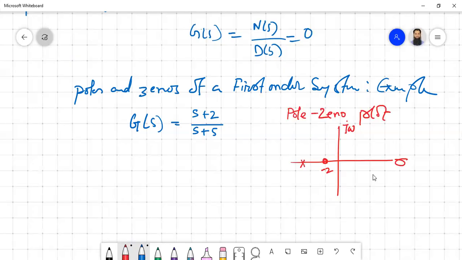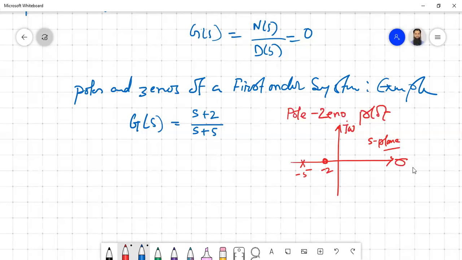A pole is represented by a cross. So this is the convention: at -2 you have a zero, and at -5 you have a pole. So this is the pole-zero plot in the s plane.